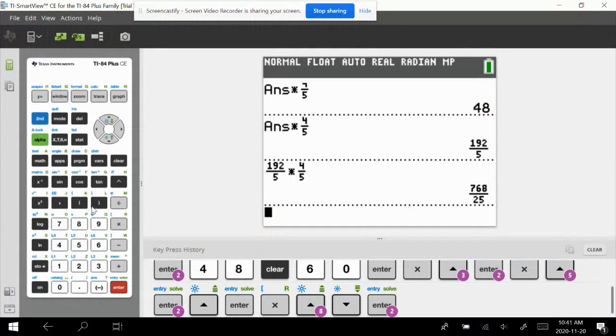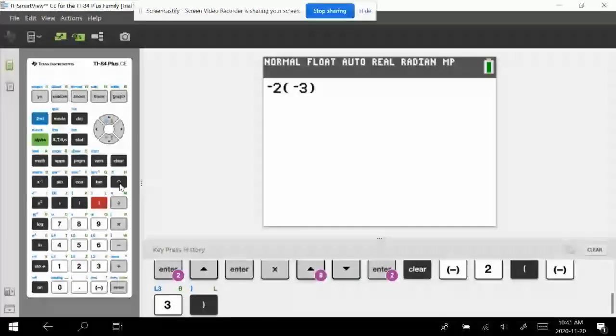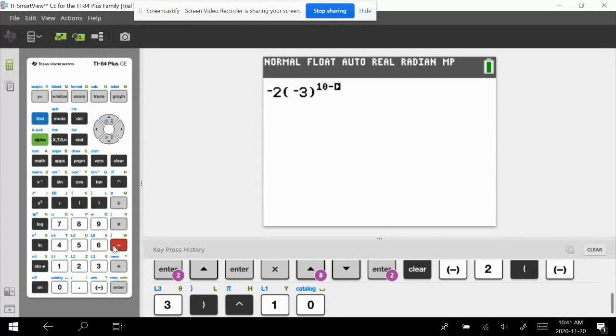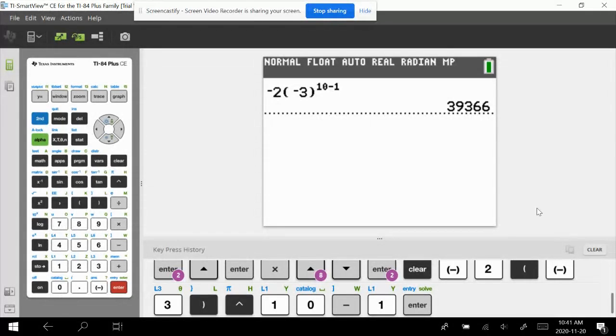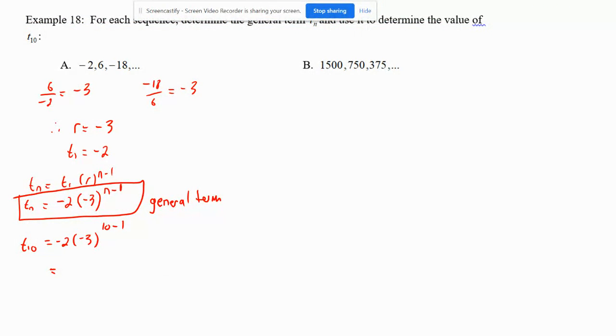So for this question, it would be -2, bracket, -3, exponent 10 minus 1, gives me an answer of 39,366. All right, let's take a look at the next one.